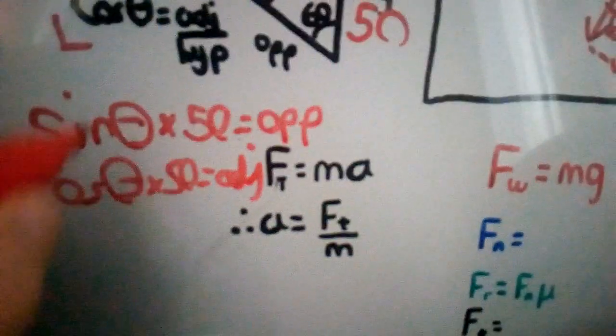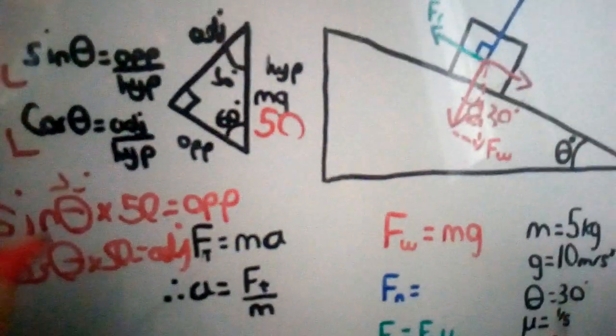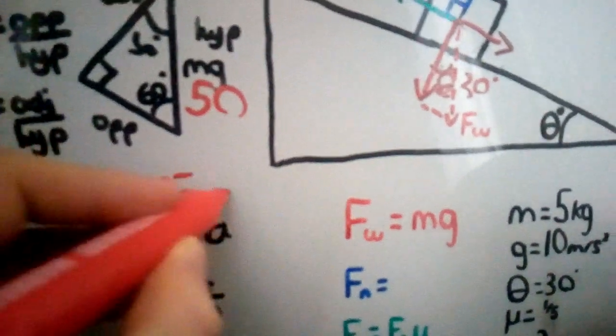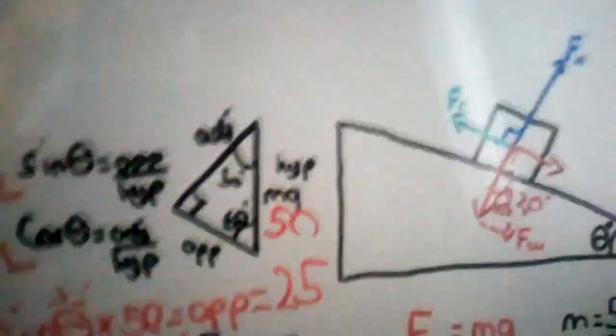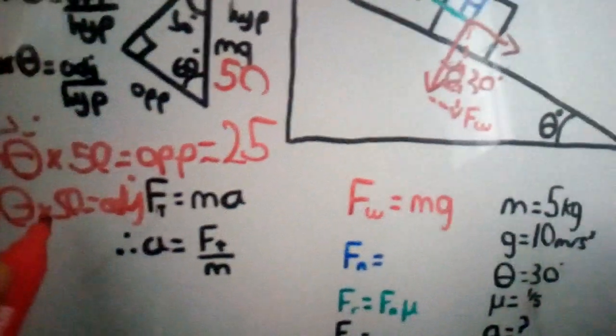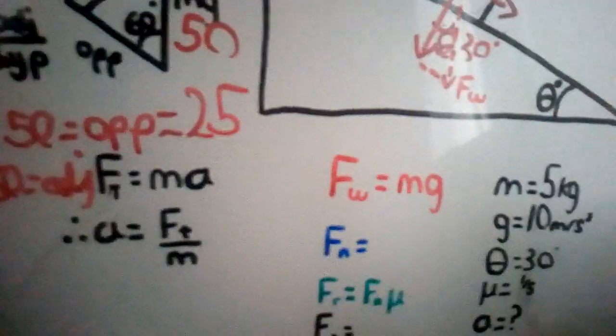We know what theta is. It's 30. And sine 30 is a half. So half times 50 is 25. And cosine of 30 degrees is root 3 over 2. Not that nice. So we can say that's 25 times root 3, so I'm going to say that's 25 root 3.